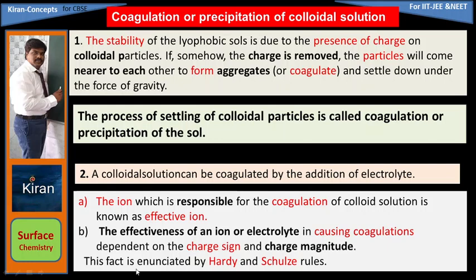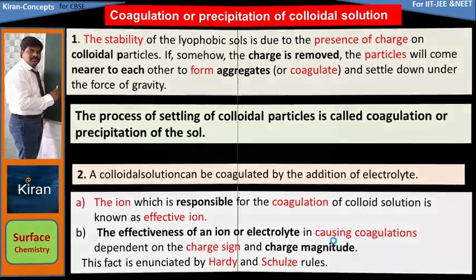This fact is explained by the Hardy-Schulze rules. So when we add electrolyte, the stable colloidal solution is getting coagulated. In what way it will be coagulated? Two scientists explained in the following manner. See here.